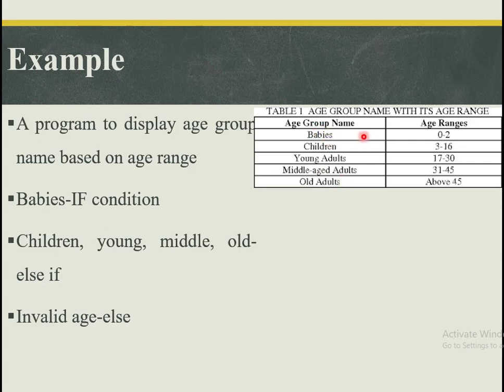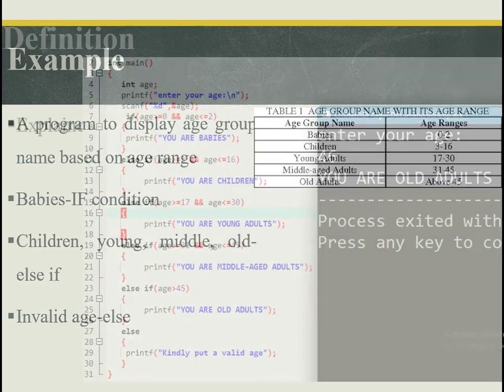So you have the if for babies, then else if for the children, else if for the young adults, else if for the middle age, else if for the old adults. Now the else part would be used when you insert an invalid age. Maybe you might decide to insert a negative number. In that particular case, it's going to be treated as an invalid age.